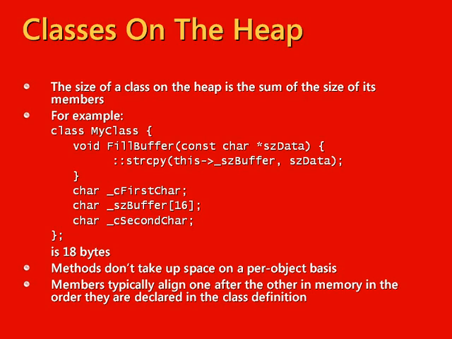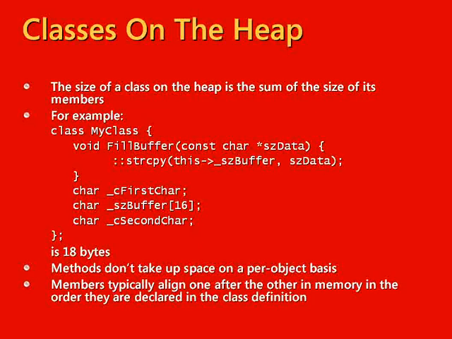So in our case, when somebody allocates the myClass object, they're going to create an 18-byte object on the heap or on the stack. We will assume it's on the heap. The C first char is 1 byte, the SD buffer is 16 bytes, and C second char is going to be the 18th byte as a 1-byte character.